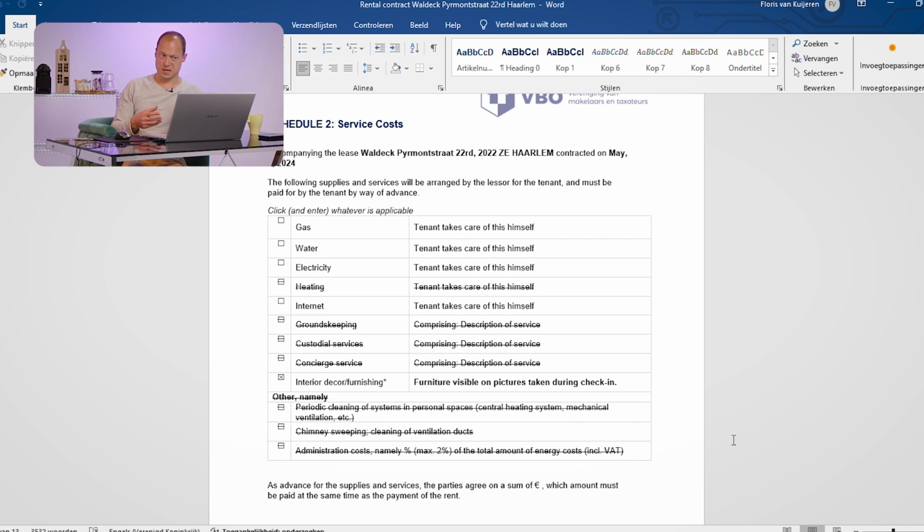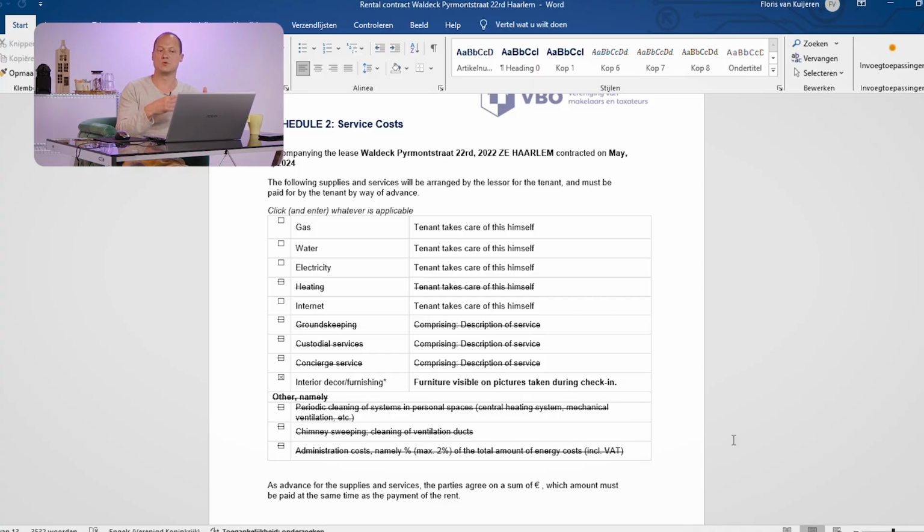But it could also be that it is a property with something we call central building heating, blokverwarming, where there are these little measuring devices on each radiator that measure how much warmth is being used, and that there is like a yearly settlement of the yearly heating cost. If that is the case, then it's really important to write in your rental contract how you are going to settle this with the tenant, and that the tenant is responsible for those heating costs.